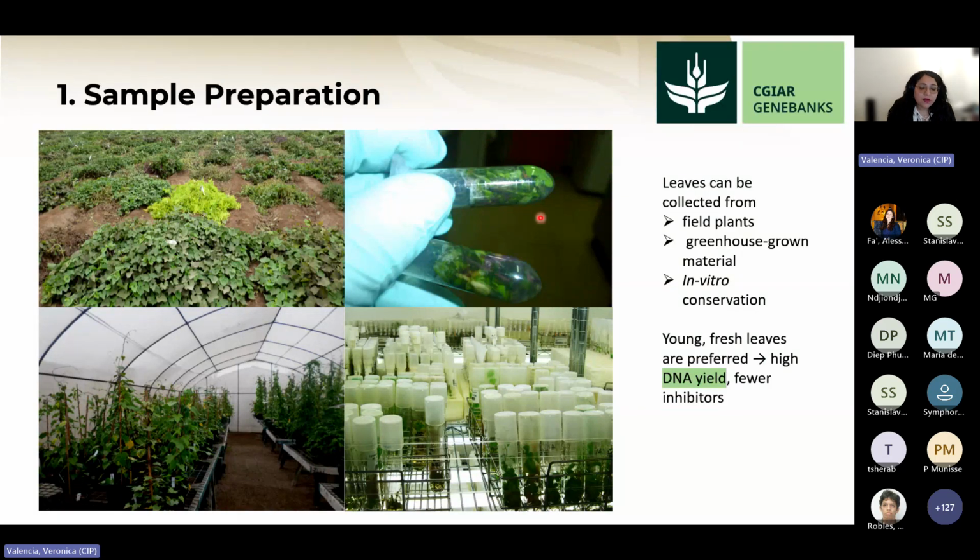We normally use tweezers, but it has to be sterile tweezers. And if you want to pass to another accession, another sample, you have to re-sterilize the tweezers. We do it mainly with alcohol. And we make sure that there is no rest of other plants on the tweezers.